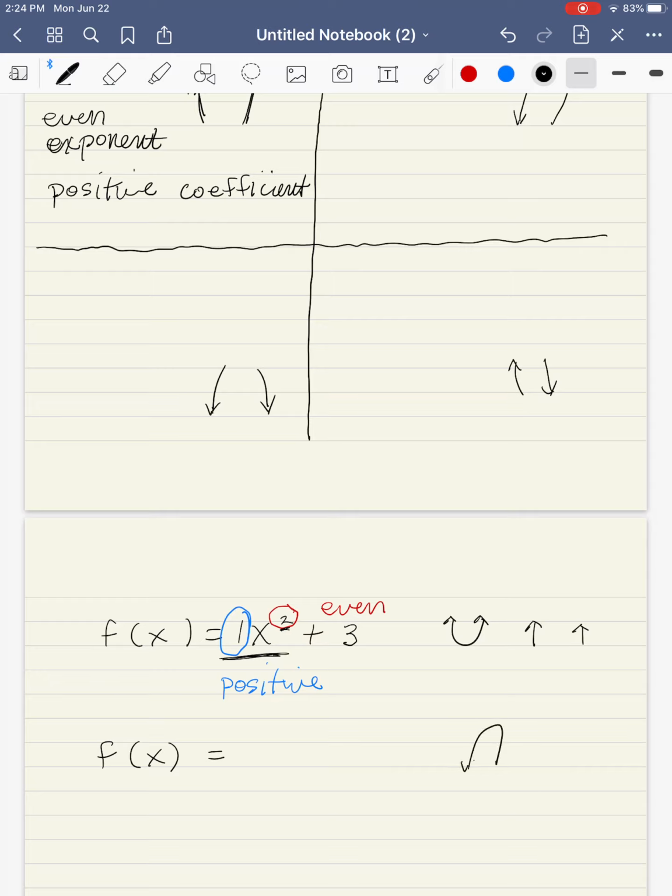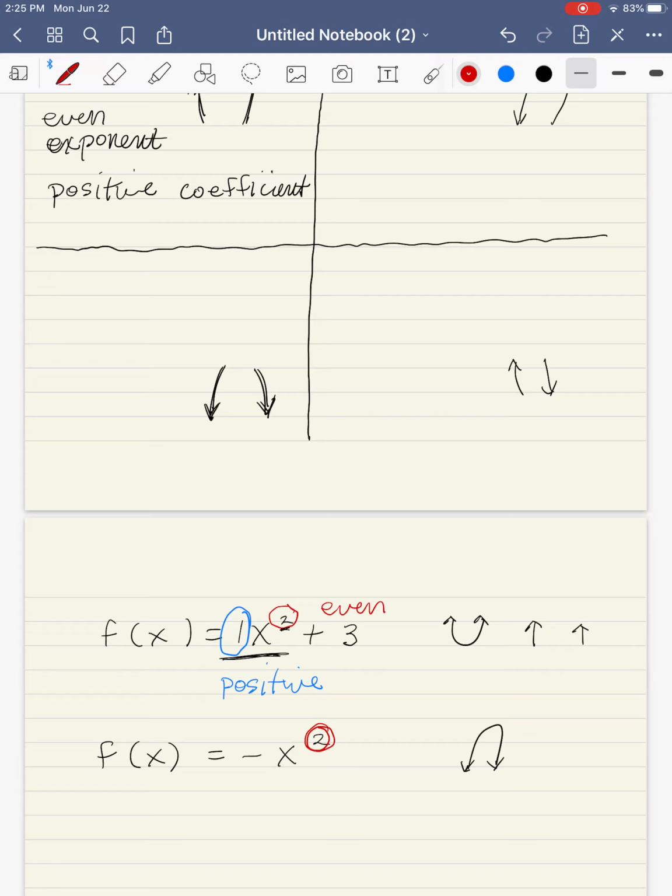So let's think about what would make that graph reflect over. What would make that parabola face downwards? And we know that a negative x squared is going to make this entire graph reflect and open downward on both sides.